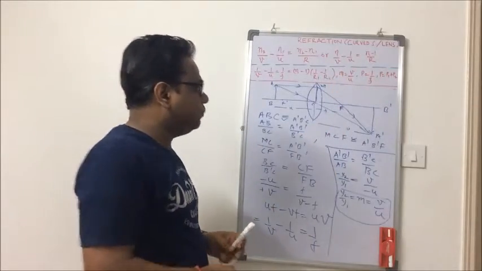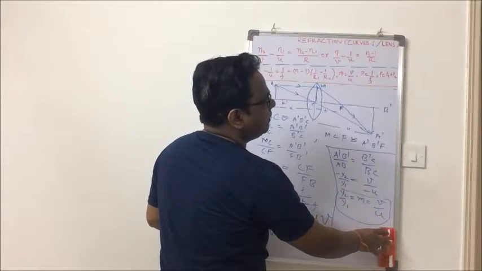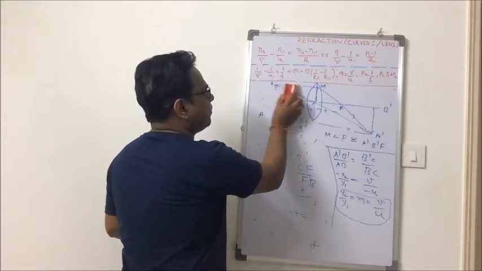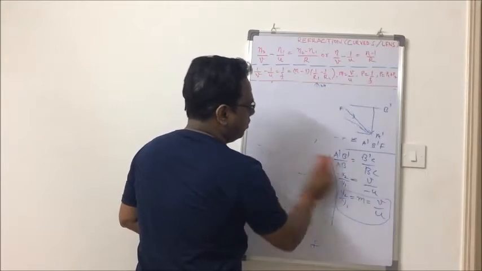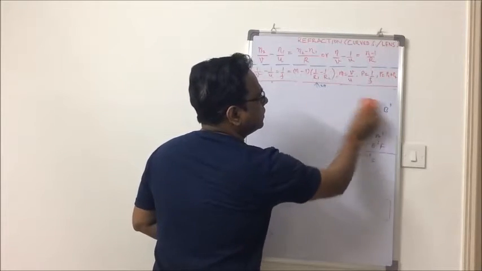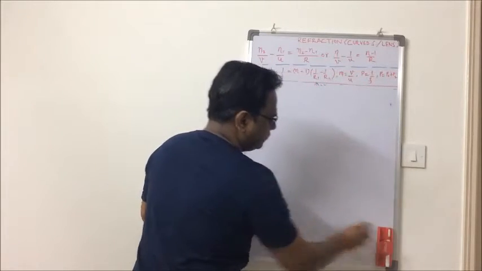And if you have to prove why P would be equal to P1 plus P2, you can use the same concept we used for the convex lens. Just let me draw. Right?